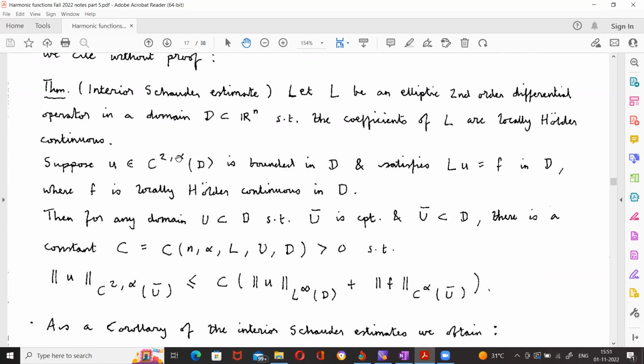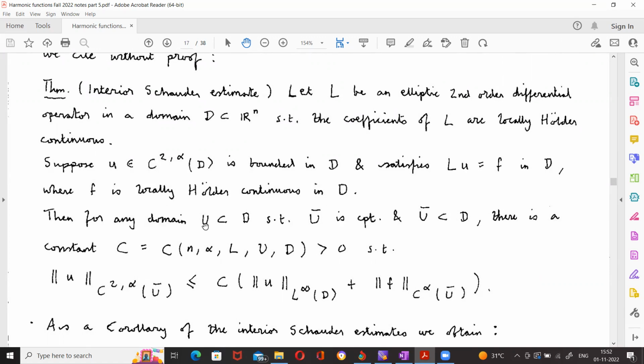And suppose u is in C2 alpha of D, not D closure, just D. That means it's Hölder in the domain D, but not necessarily up to the boundary. Suppose it's bounded in D. And this C2 alpha of D actually means locally C2 alpha in the domain D. So suppose it's bounded in D and satisfies Lu equal to f in D, where f is again locally Hölder continuous.